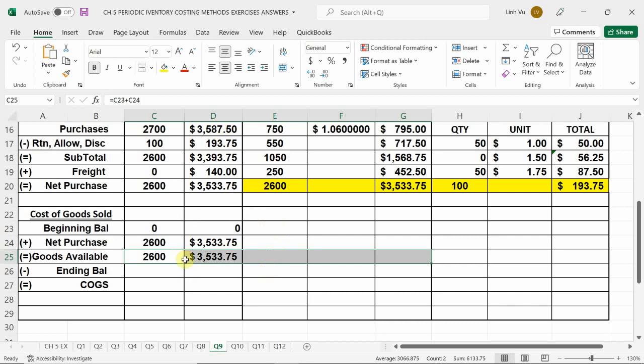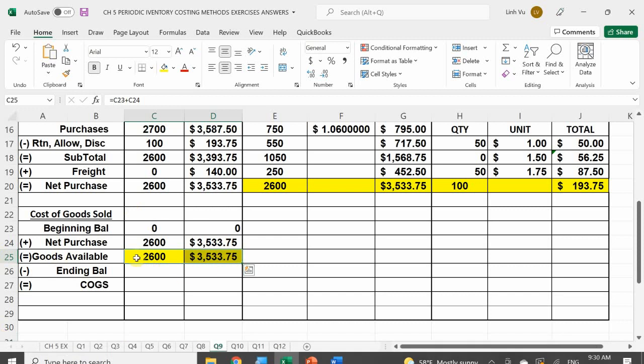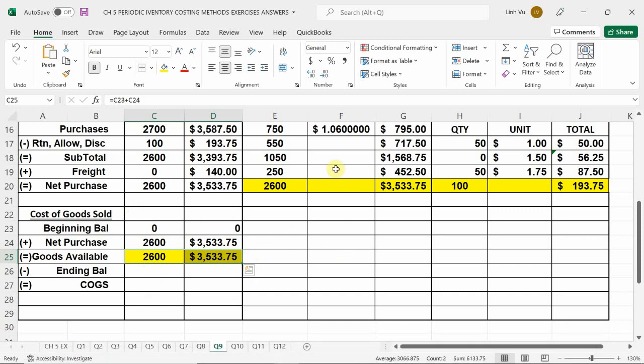And once you get this, let me highlight this, all I need to do is just calculate my average cost per item right here. I don't need this table because I don't care which items came first and I don't care which items came last. All I care about is what's available, what's my total cost, and what's my total quantity. So you don't need to build your goods available table at all, because once you get this number, all you have to do is just solve for the average cost.